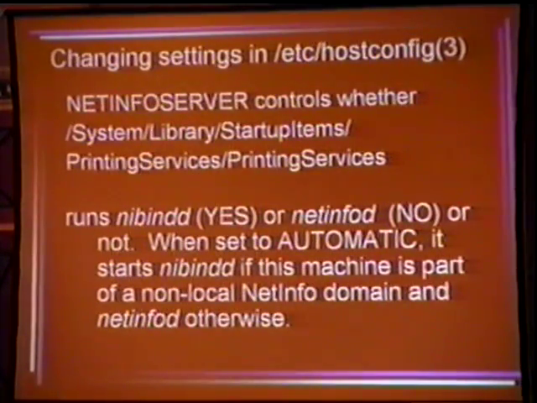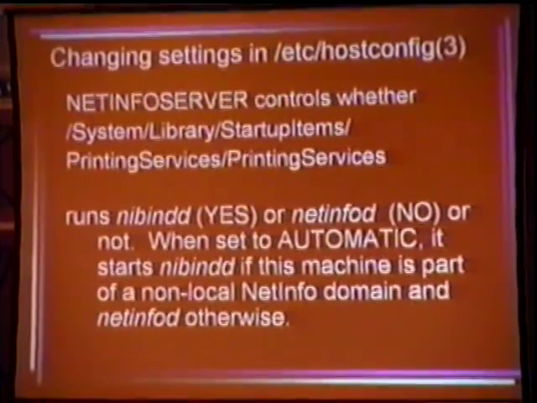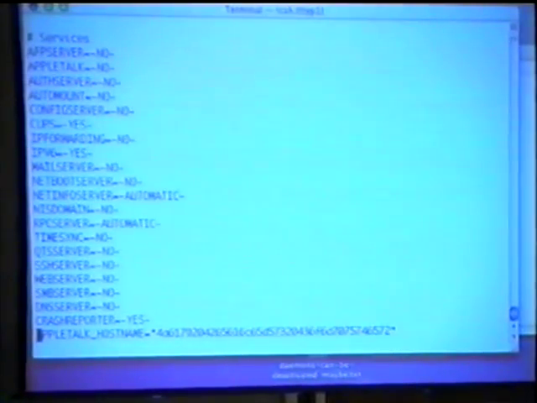The next variable that we had was netinfo server. Let me bring up that hostconfig on this machine. Bring it to the top. You see netinfo server is set to automatic.